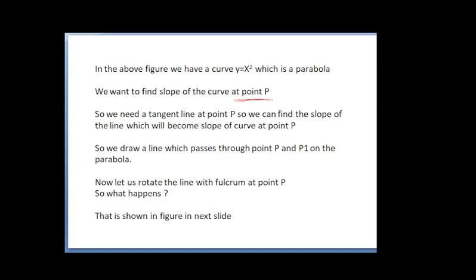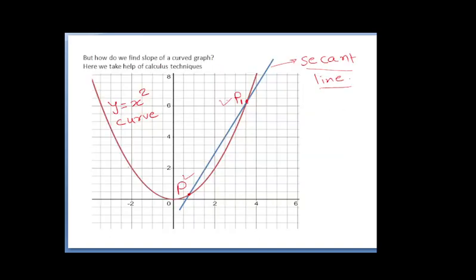We want to find the slope of the curve at point P, so we need a tangent line at point P. Then we can find the slope of that line, which will become the slope of the curve at point P. So in order to find the slope of this curve at point P, we need a line which will be tangent somewhat this way, and when we find the slope of this line, that will become the slope of the curve at point P.